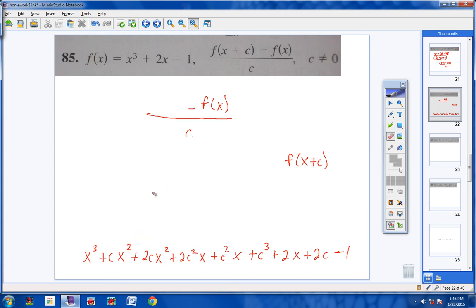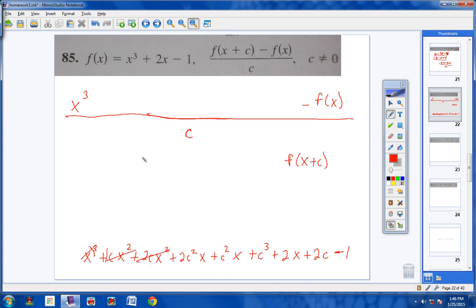Now let's simplify all of this and see what we have for up top, okay? First of all, in the bottom here, we have just a c. And more than likely I better move this negative f of x down here a little bit. Now, I've got an x cubed. There's no other x cubes to combine it with. Next I have cx squared, and there's a 1 right here, so 1 plus 2 would be 3cx squared.